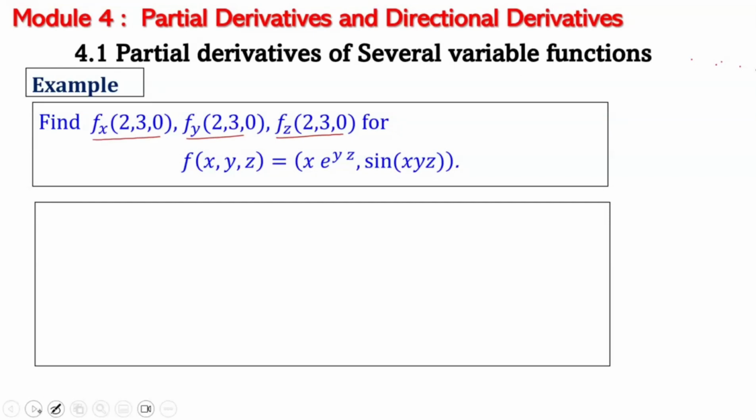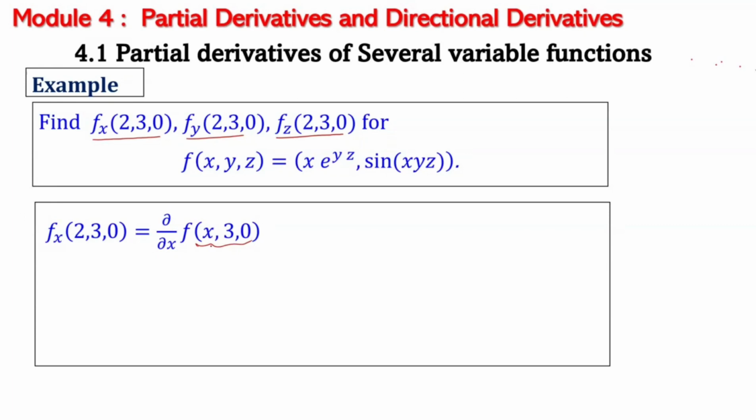In this case, we can write it as del x of f(x, 3, 0). If you remember, we have a note in this slide that with respect to whichever variable we take the derivative, we can keep the others constant.